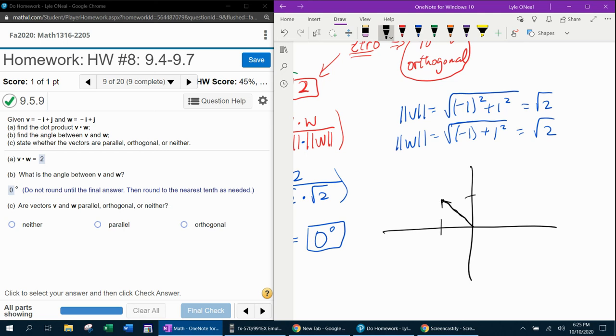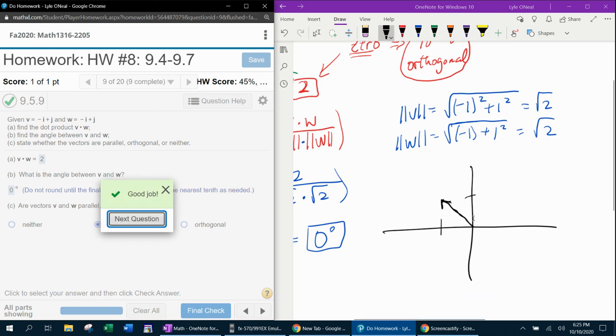And so they will both point in the same direction, which makes them parallel. If they both point in the same direction, in fact, they're running on top of each other, but they're parallel, okay?